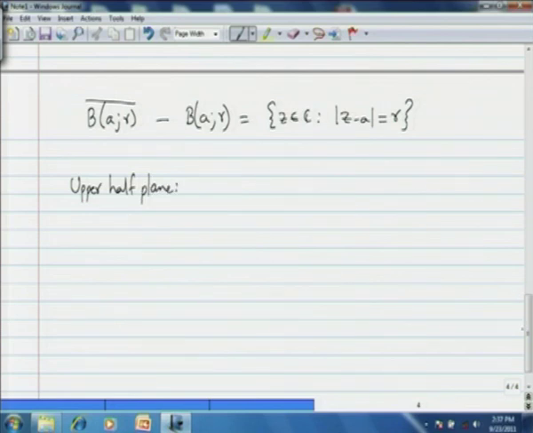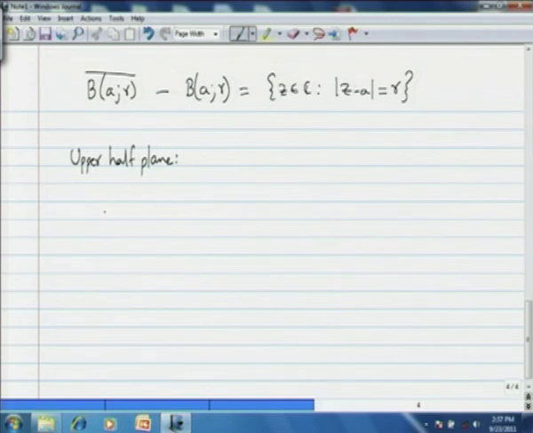This is yet another important example of subsets of the complex plane. This is the set denoted by pi. This is the set of all complex numbers such that the imaginary part of z is strictly greater than 0.